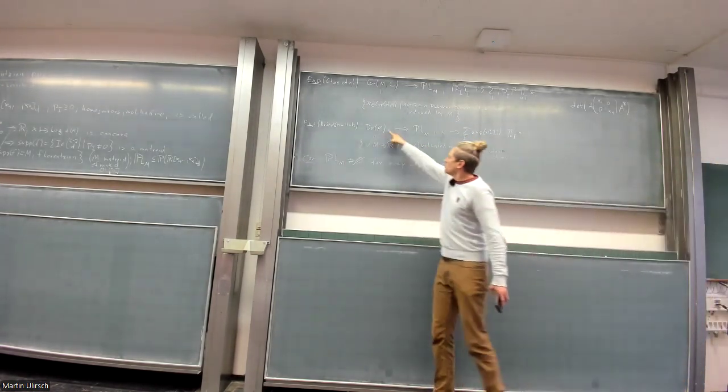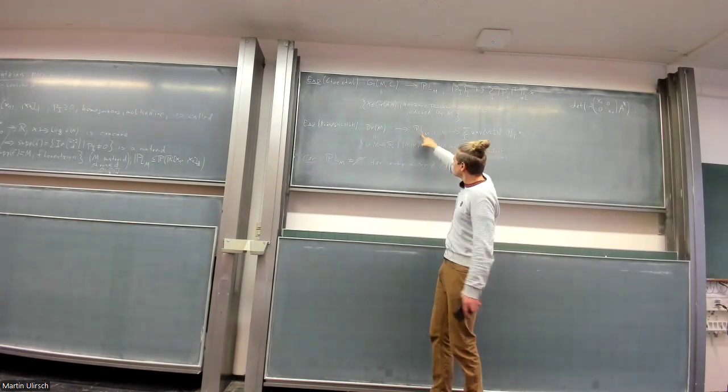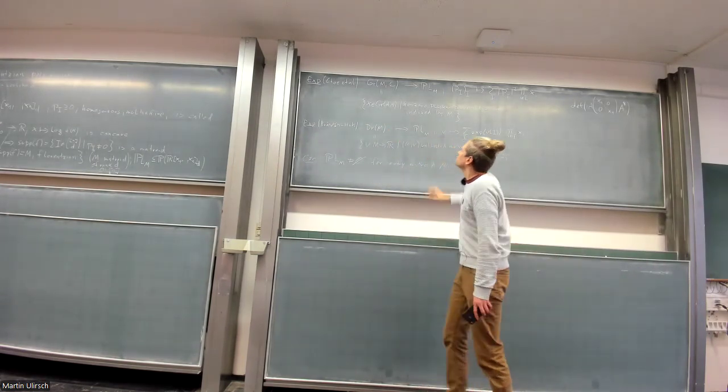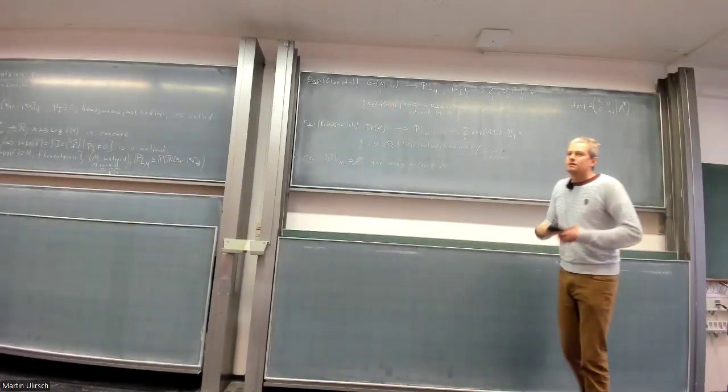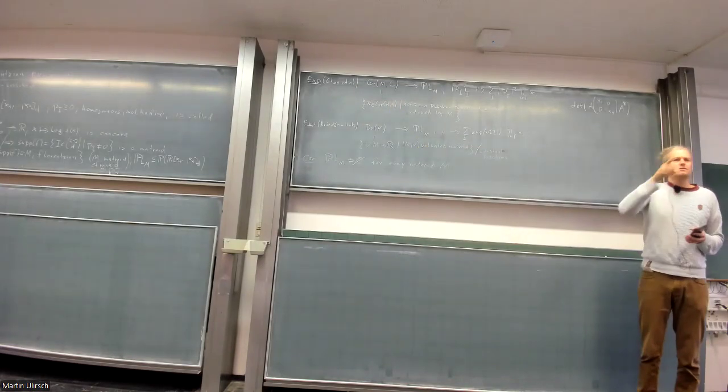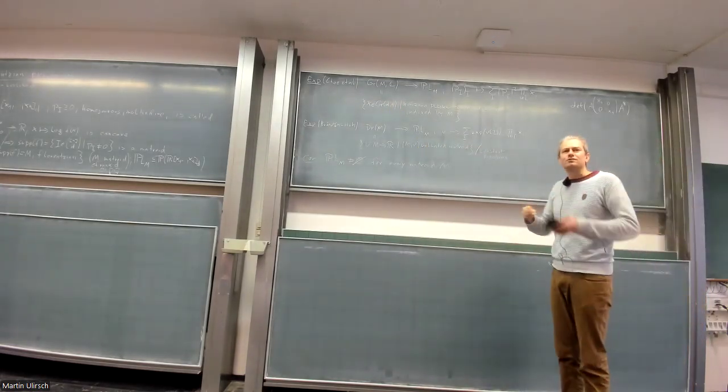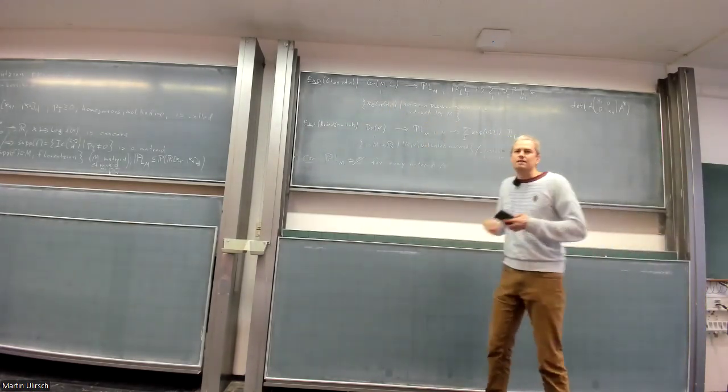So this thing always has a point. So this thing is always non-empty. But the Grassmannian, who asked this? Oh, yeah, sorry, you asked this question. So the Grassmannian of M might be empty.